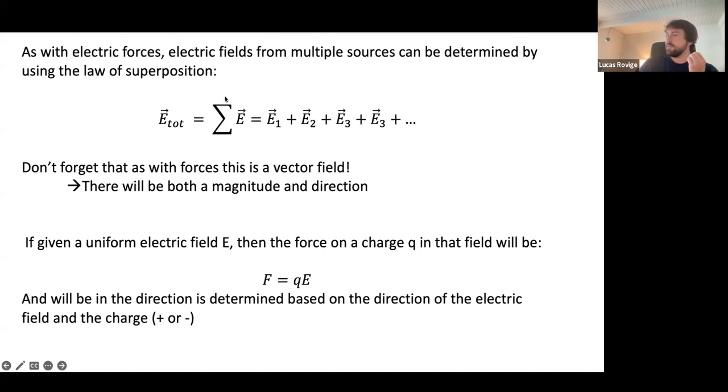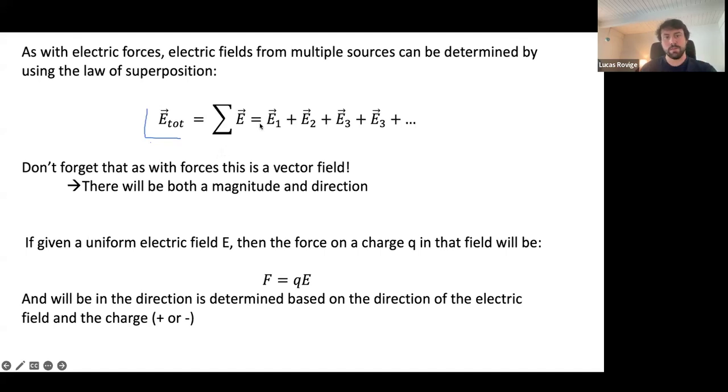Okay. And in a similar way as we did for forces, we can apply the superposition principle to get the total electric field. If we have a collection of charged particles, to get the total electric field from this collection, we just sum all the contributions of the single charges or elements.